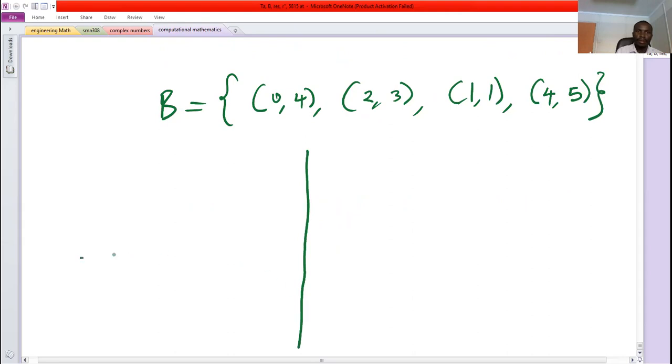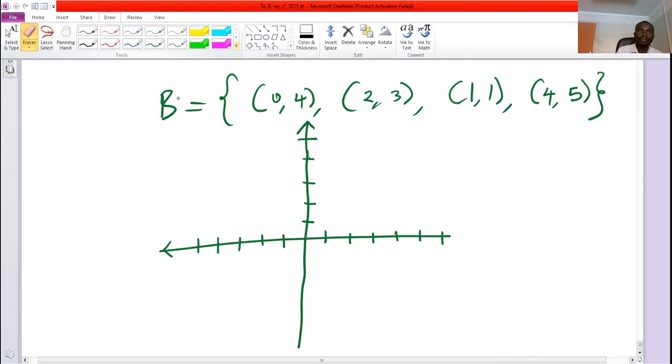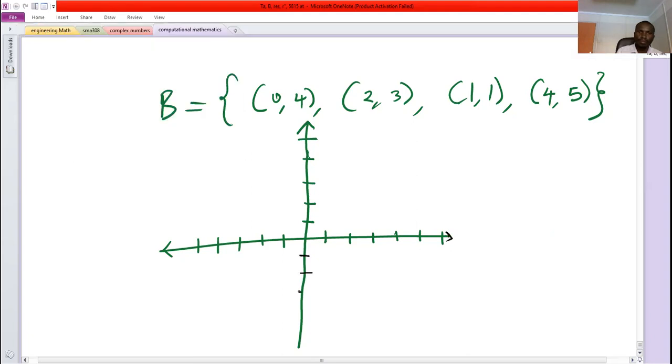So similarly, you draw the XY plane, with the axes labeled from -5 to 6.